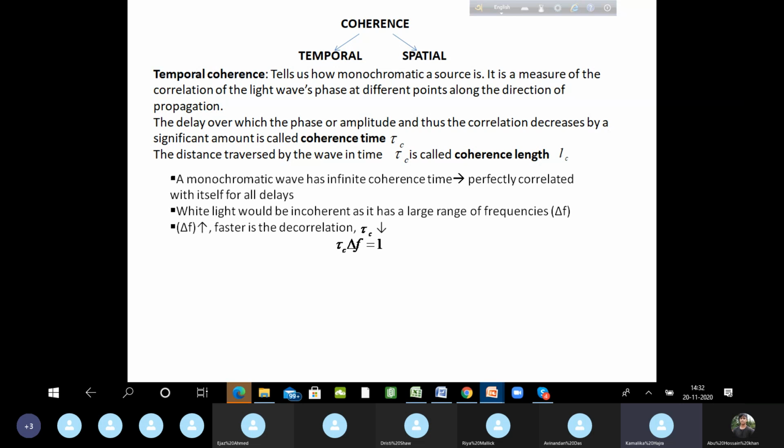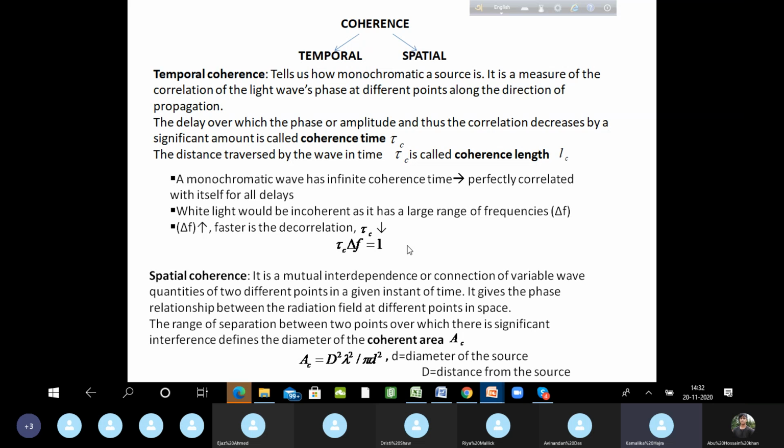Okay. So a monochromatic wave ideally has infinite coherence time, so it is perfectly correlated for all time. White light would be incoherent because it has a large range of frequencies. White light is composite light, so there is a large range of frequency. Okay. The product of the range of frequency delta f and coherence time tau c is always 1.